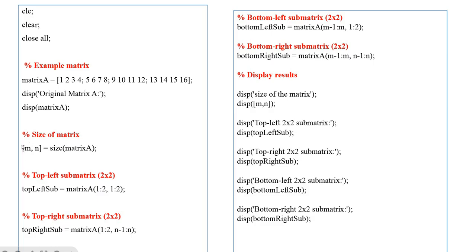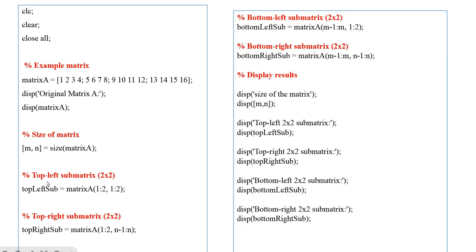I have taken the variable as [m, n]. You can take anything of your choice here. After that, it will give us the number of rows m and the number of columns n. Now comes the main part, extracting the corner submatrices.